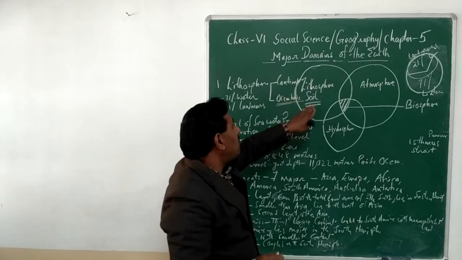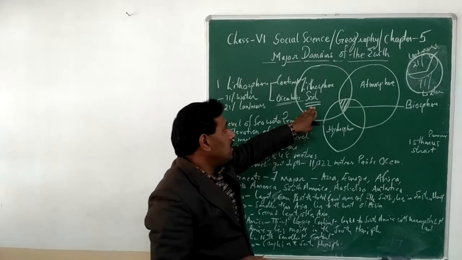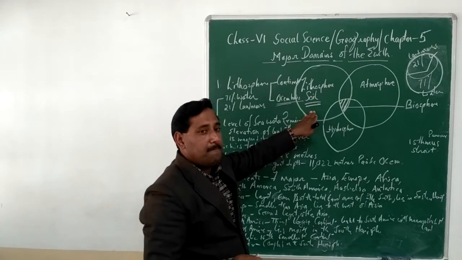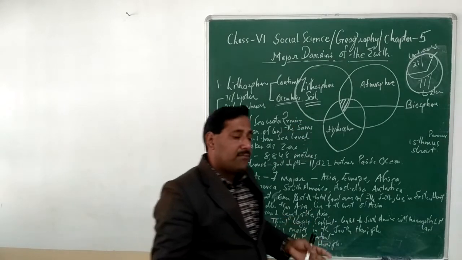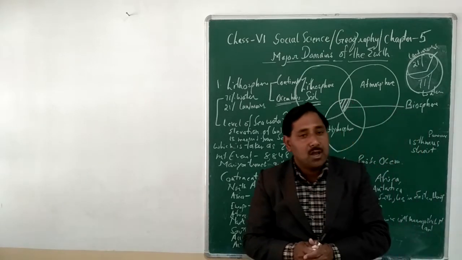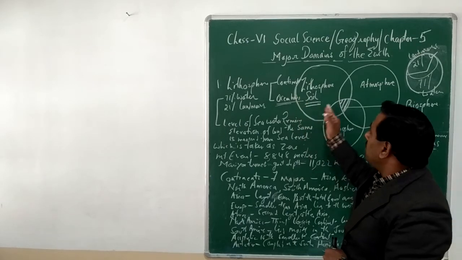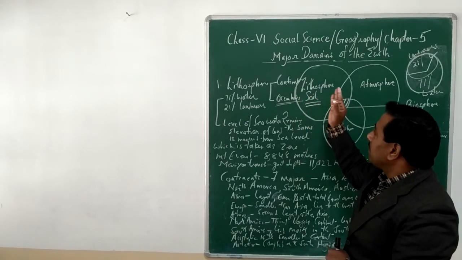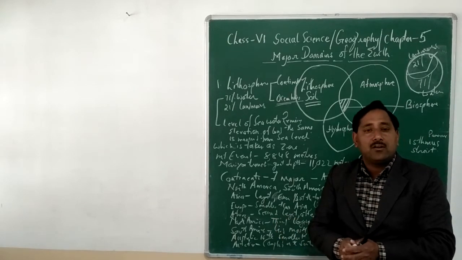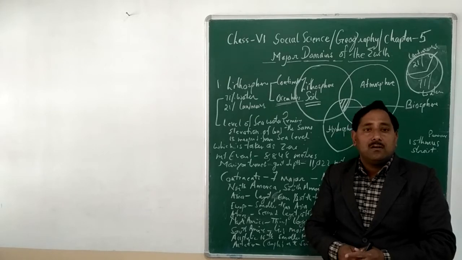Now, talking about the lithosphere, why it is important and essential. If you talk about human activities, all activities which take place over here, it can be related to agriculture, construction, infrastructure development, whatever.